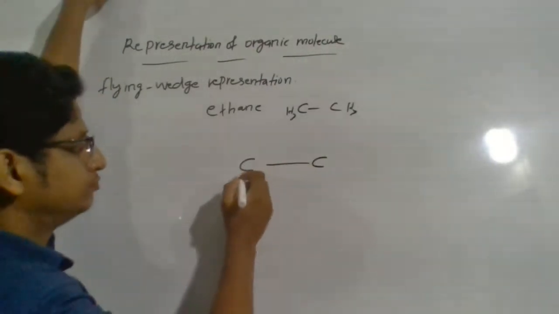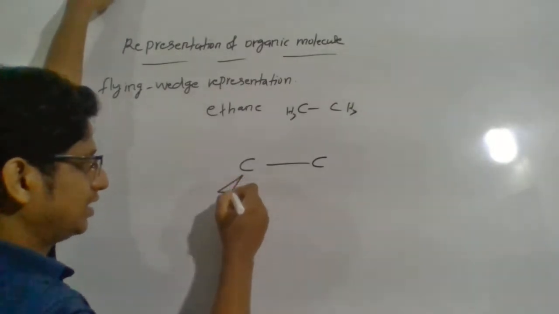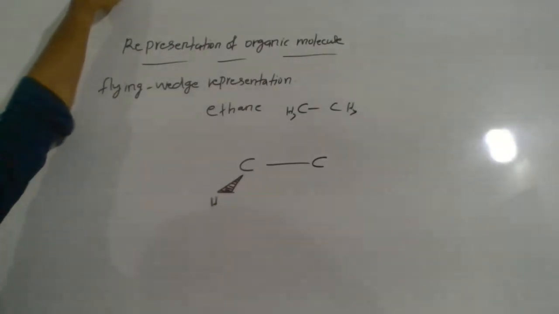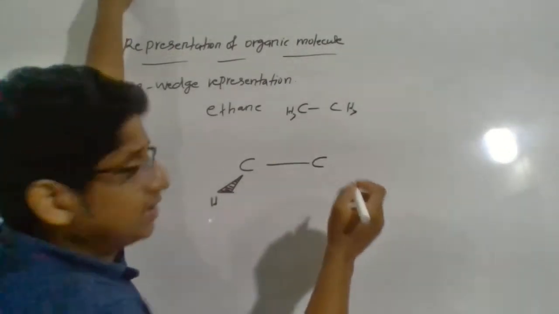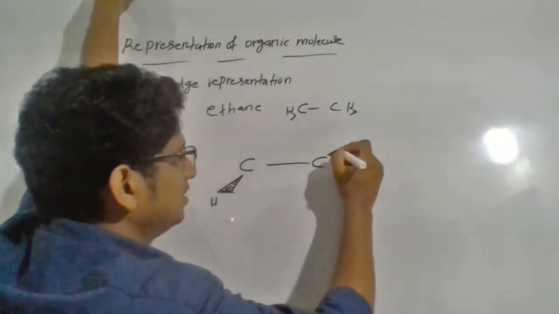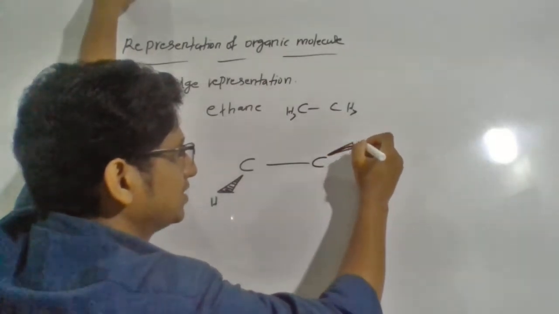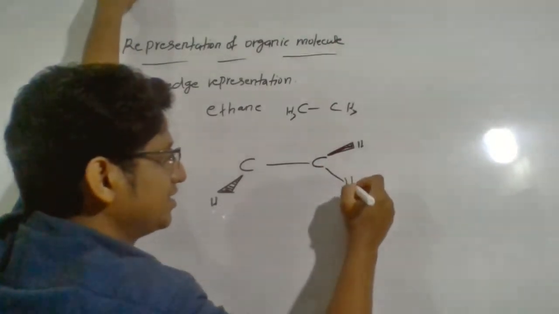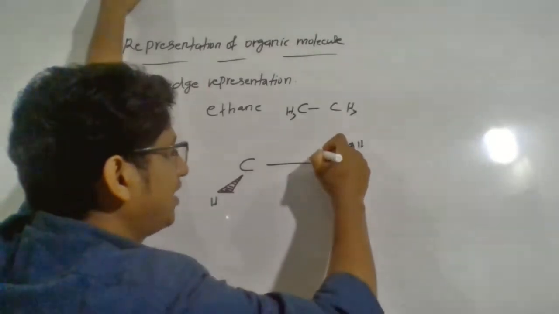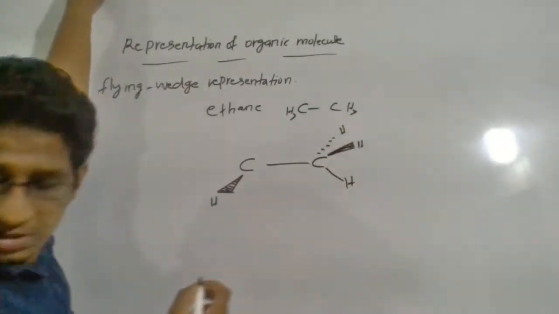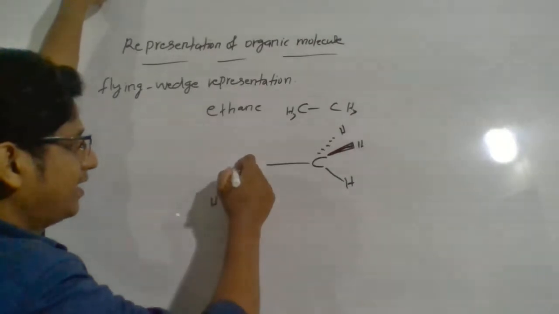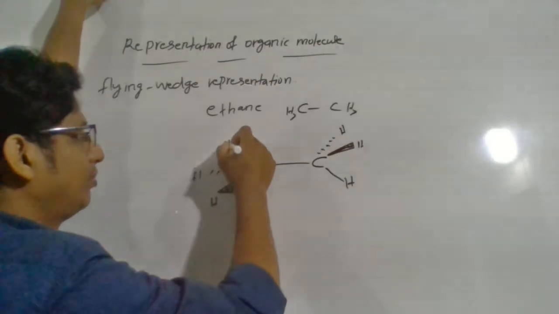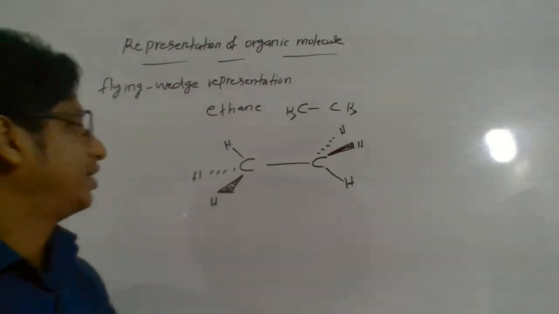You will see a wedge line hydrogen here, and similarly this carbon also has hydrogens, which I represent like this, with dashed line hydrogens here, and a normal line for the CH bond.